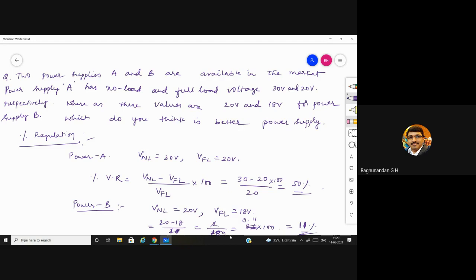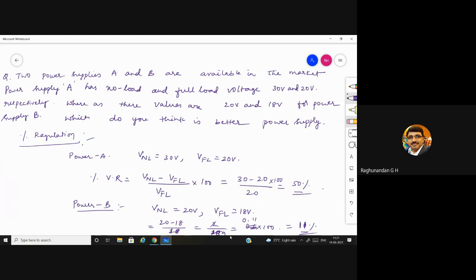Less. What does regulation give you? The variation in the output voltage. If it is 50%, that indicates the variation is 50%. That much difference you will be getting, so it is not reliable. But in power supply B, it is 11%.